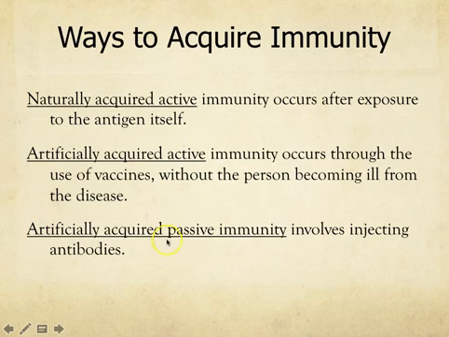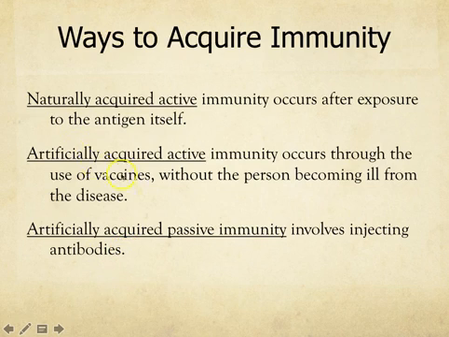Artificially acquired passive immunity, sometimes for very medical reasons, they'll simply inject the antibody itself. And so instead of waiting for your body to produce the antibody, they'll just inject you with it. Now, the downside of this is that your body does not then start producing it itself.